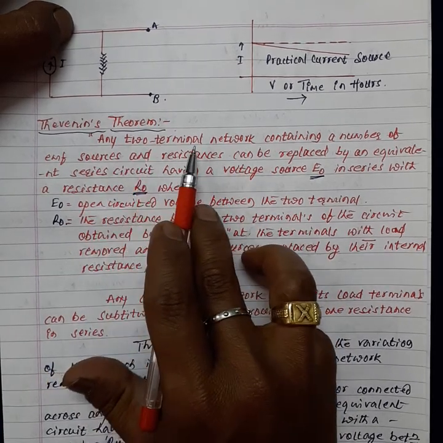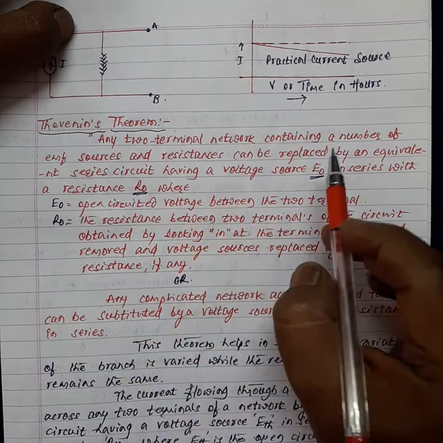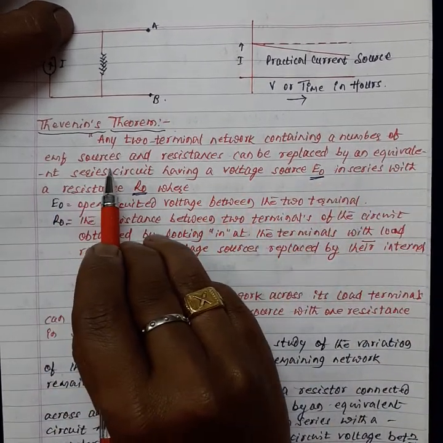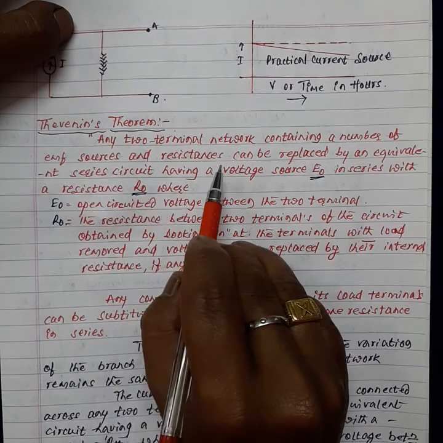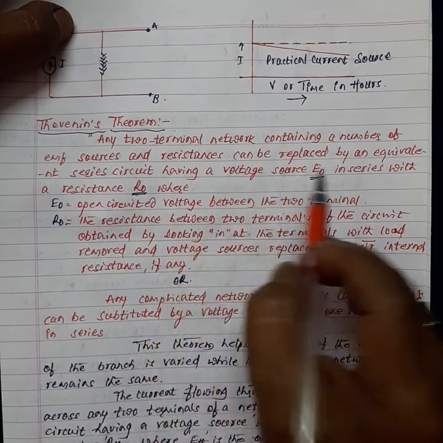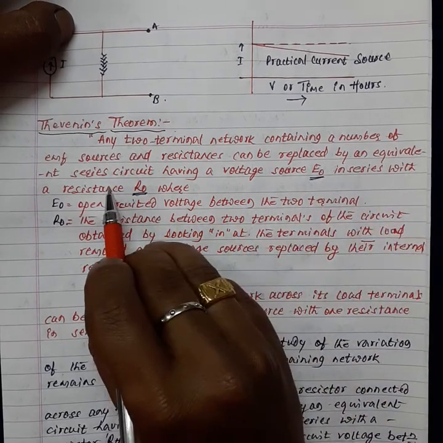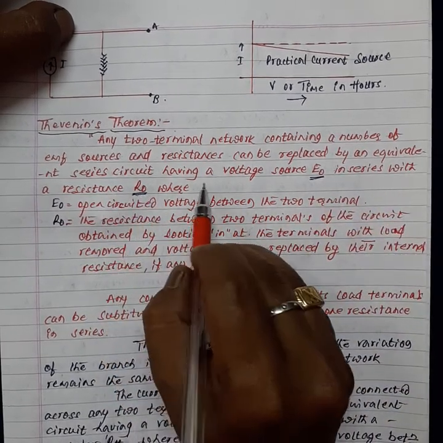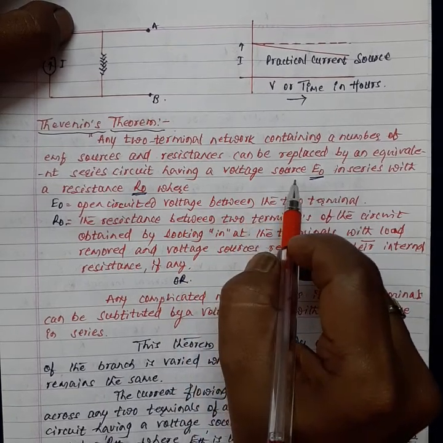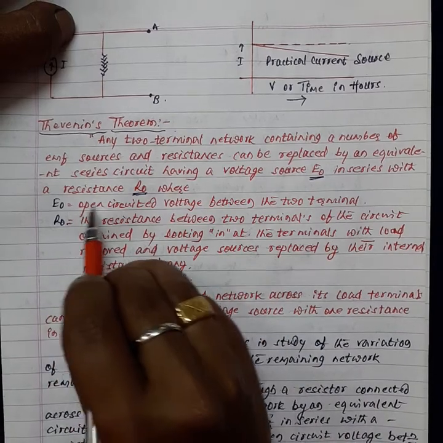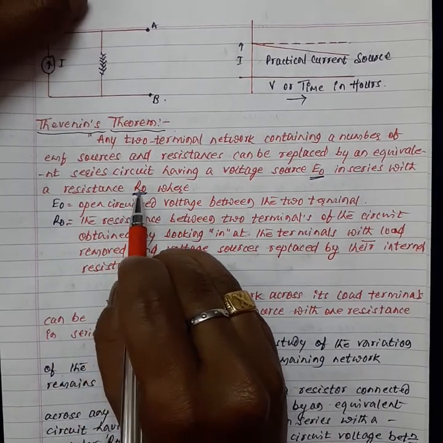Any two-terminal network containing a number of EMF sources and resistances can be replaced by an equivalent series circuit having a voltage source, say E of naught, in series with a resistance R of naught.